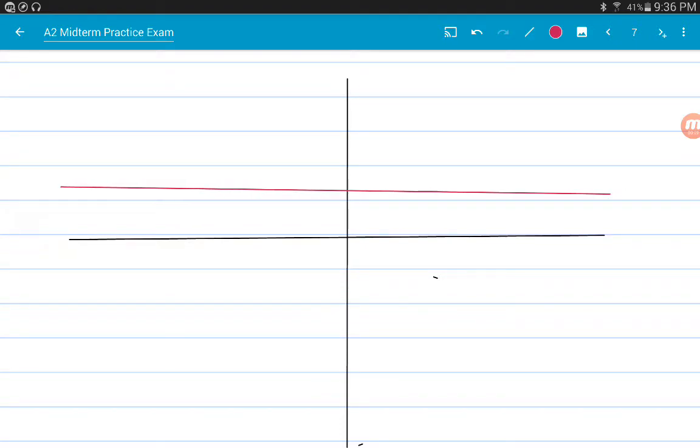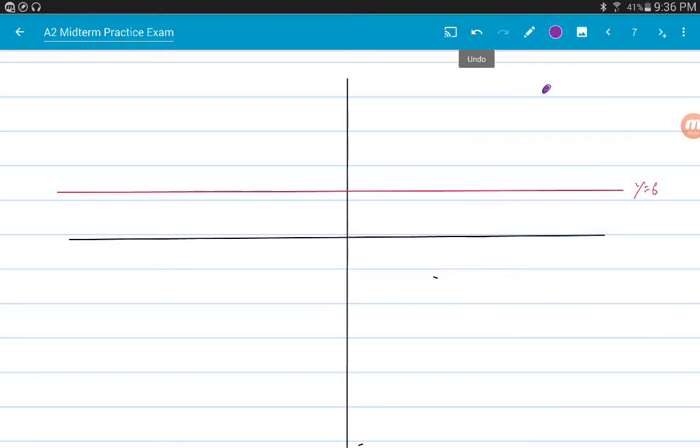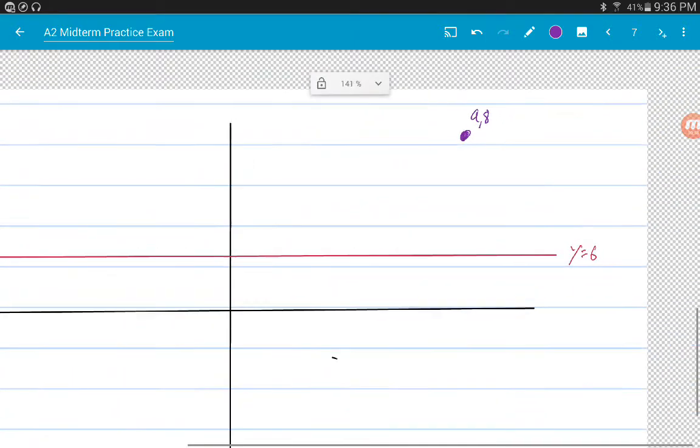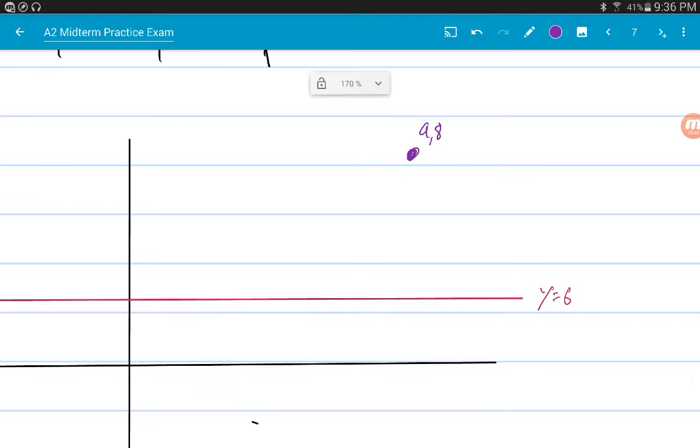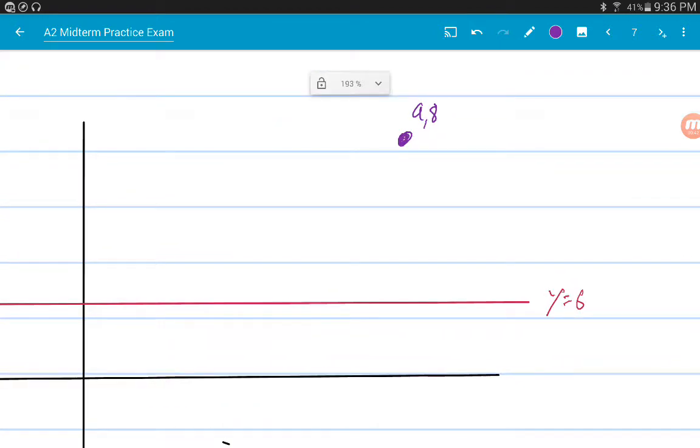It doesn't really matter if this looks accurate. The only thing that matters is that I label it, because that way it'll make sense to me. So this line is y equals 6. It says that the focus point is 9, 8. So I'm really only interested in what's going on up here, so I'm just going to zoom in on the first quadrant.